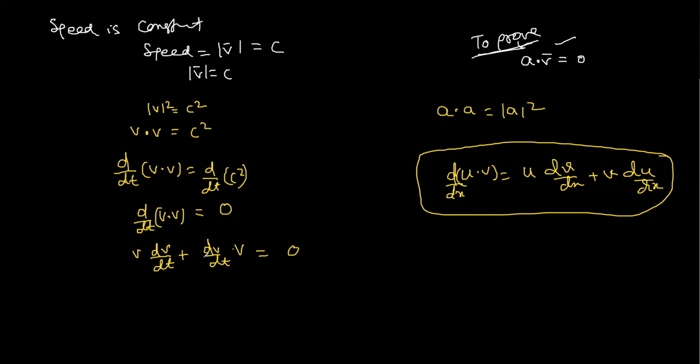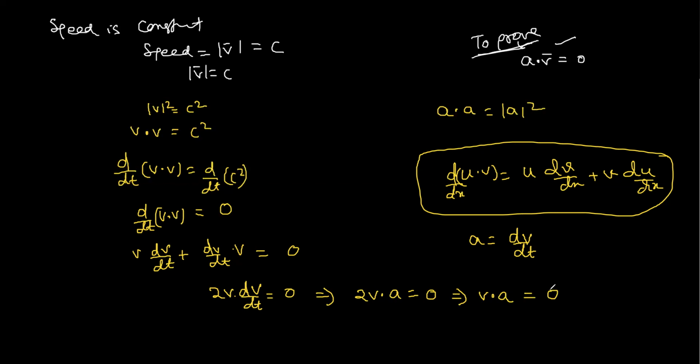Let's suppose this is A and this is A. A plus A is 2 times A. And you know what is acceleration? dv by dt. So you can write 2 v dot a is equal to 0. Understood? Indirectly, you can write the dot product of velocity and acceleration is 0.